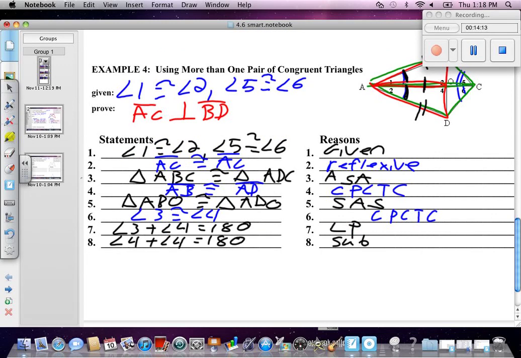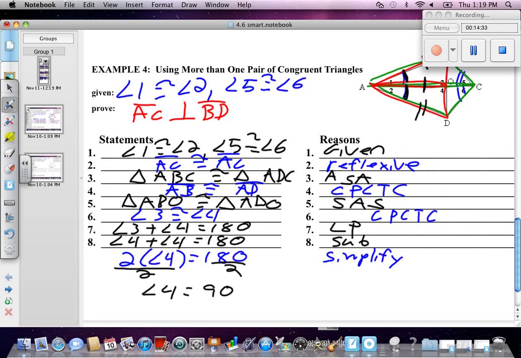Maybe there's more than that many steps. Hold on. So 2 times angle 4 equals 180. We call that simplify. Now I'm going to divide by 2. Angle 4 equals 90. This is by division.